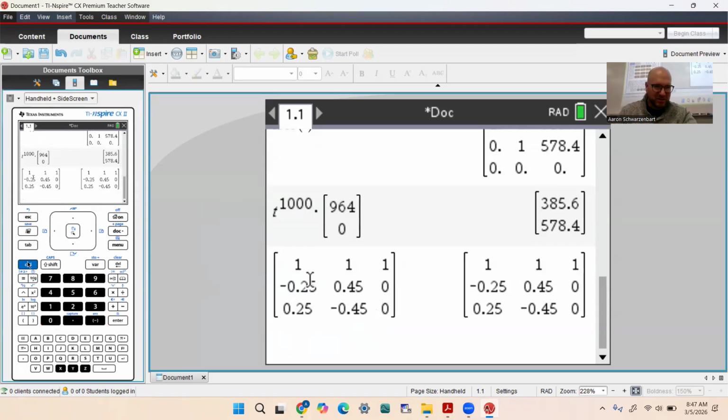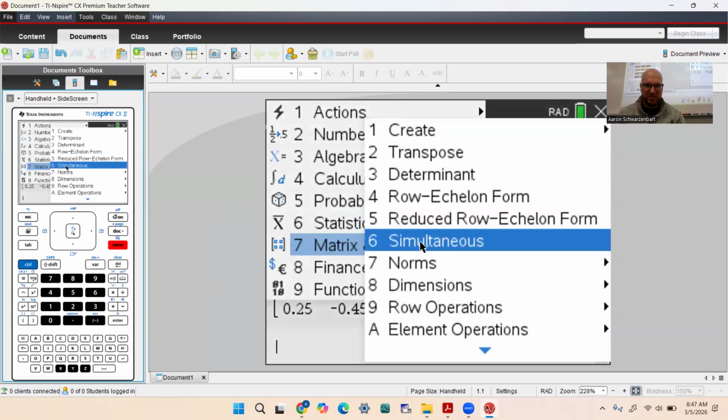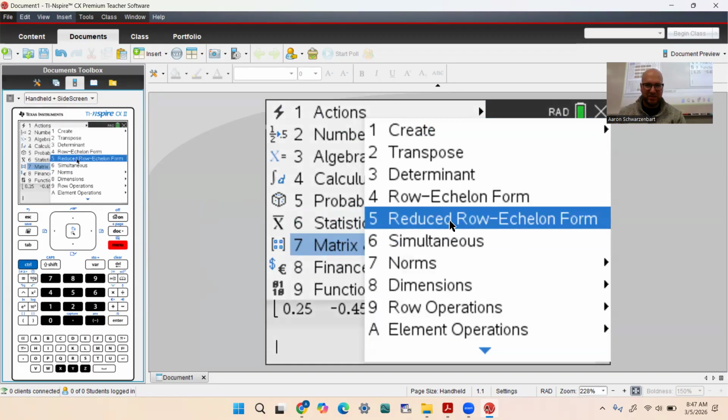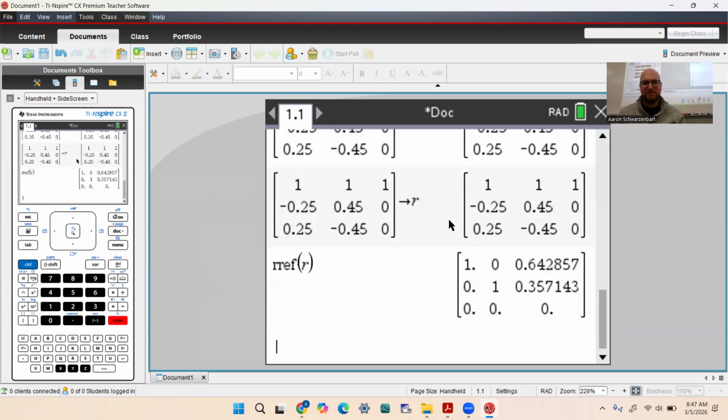I want to store this. Now I'll go to matrix and vector, reduced row echelon form, R. So the probability of sunny is 64.2%. Probability of rainy is 35.7. Yay, that's it.